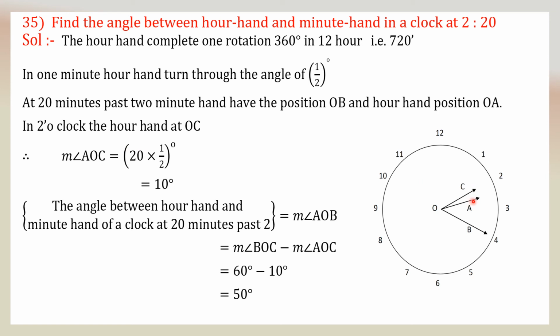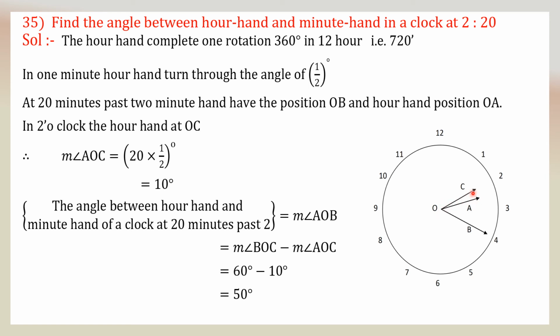At 2:20 the minute hand points to 4 and the hour hand has just passed 2. At 12 o'clock the hour hand is at the position OC. Then we find the measure of angle AOC.